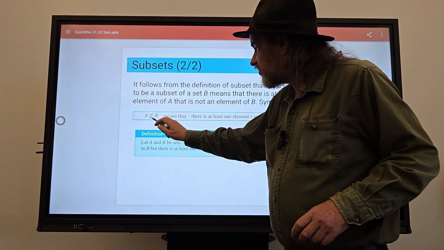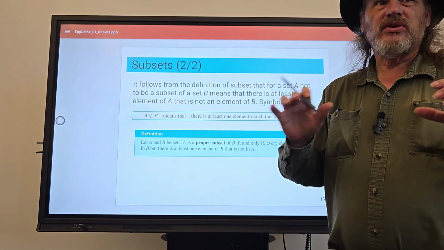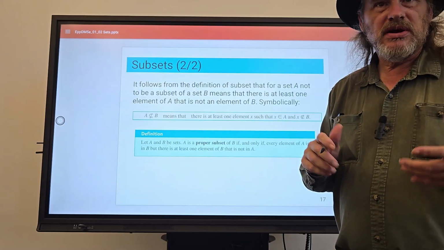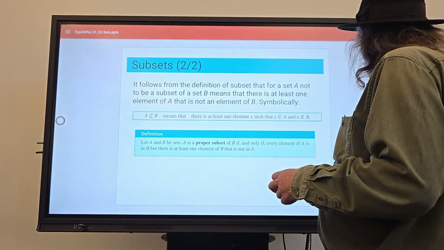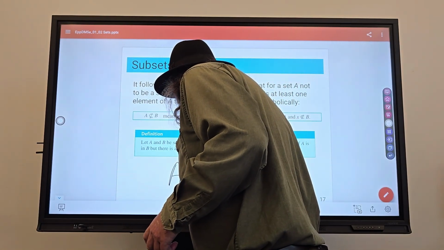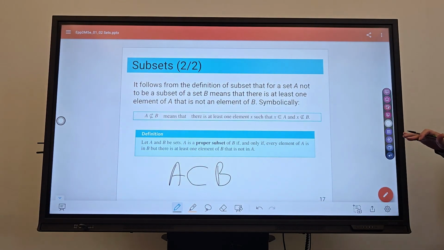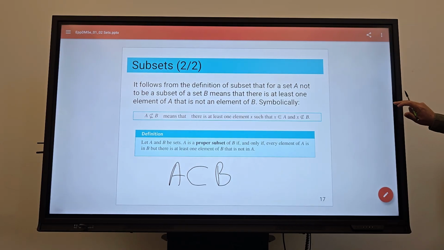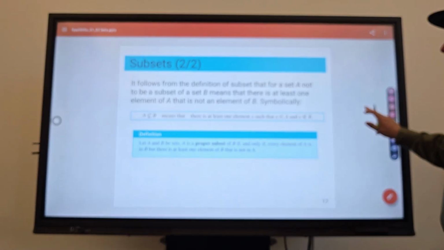This symbol here says subset or equal, kind of like the less than or equal sign that you see in math. The proper subset would be A, the stylized C, B, without the line under it. That would be a proper subset. For some reason in the slides, they don't show that symbol. Don't know why.